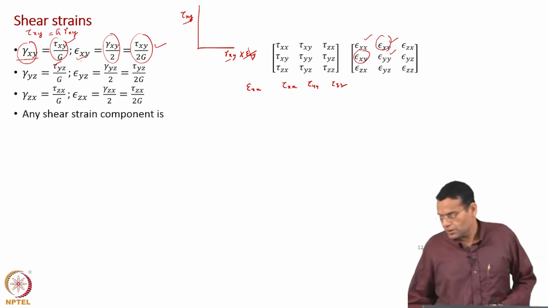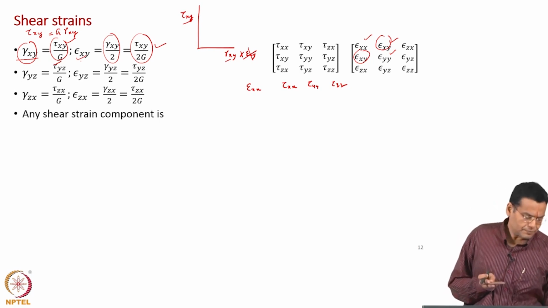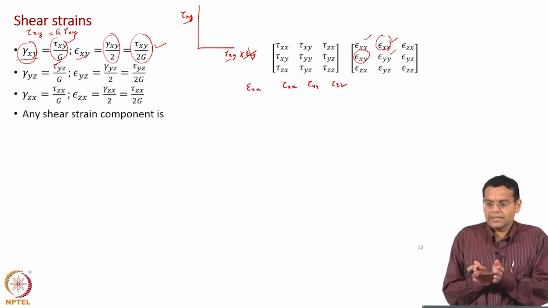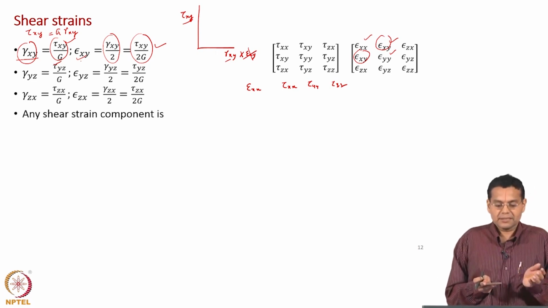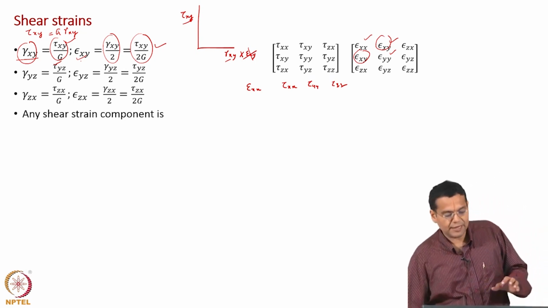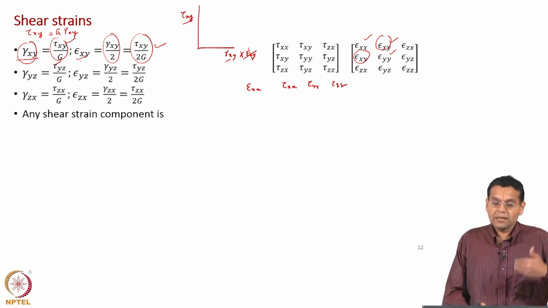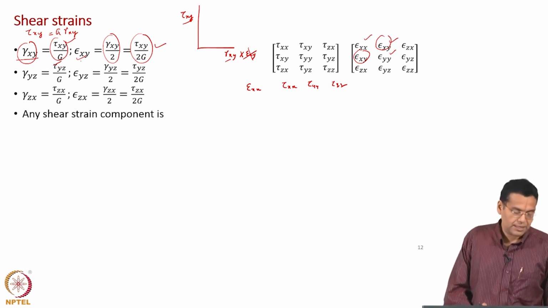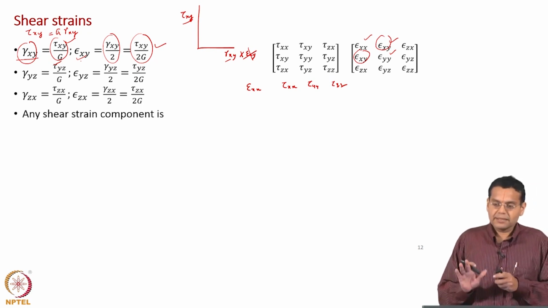One quick rough way of understanding this is that you have a plate, you apply a shearing stress, and the change in angle depends on this shear stress alone. This shear strain in the xy plane is not going to depend on shear stress in the yz plane and zx plane. So, these relationships are simpler compared to the relationships for normal strain. They just depend on the shear stress in that plane only.